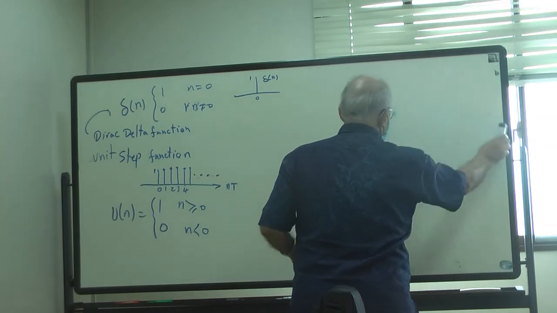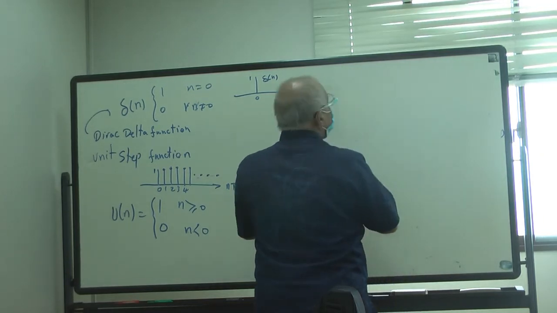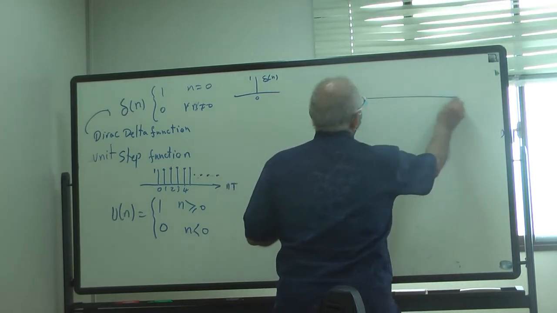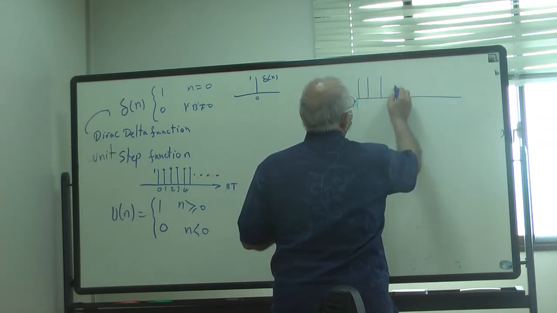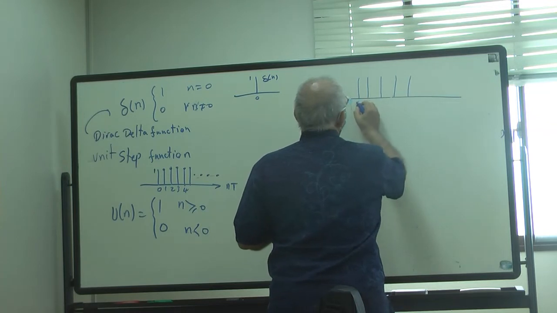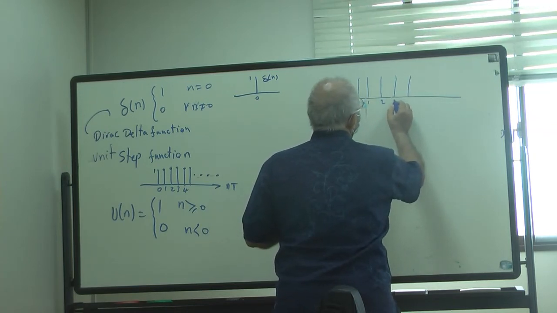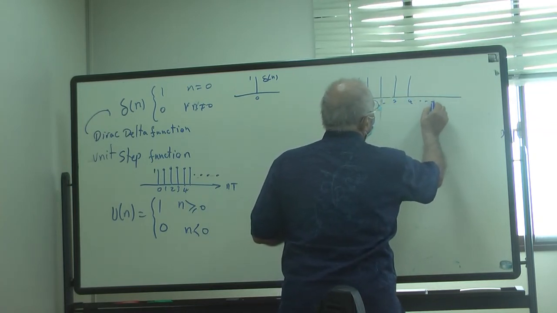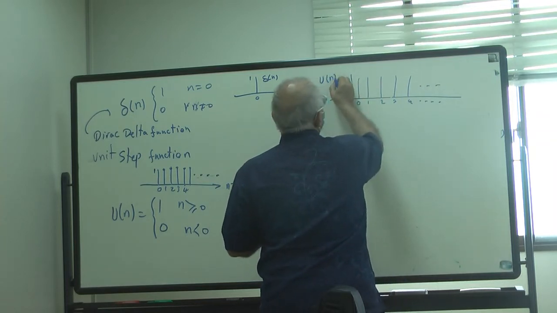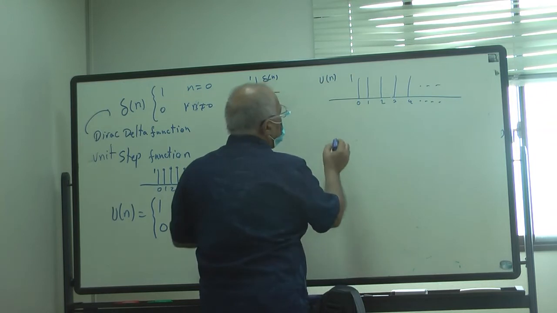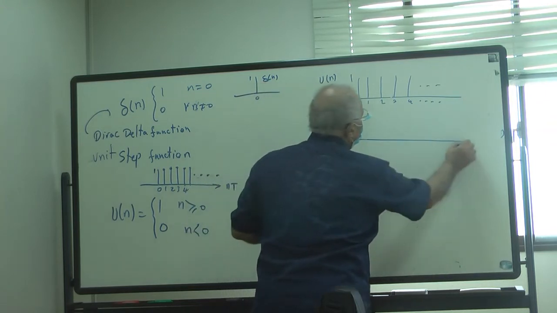Because you are putting a signal, a step function. This is from 0 to 1. This is u n. If you want to make a u n minus 1, what do you say?